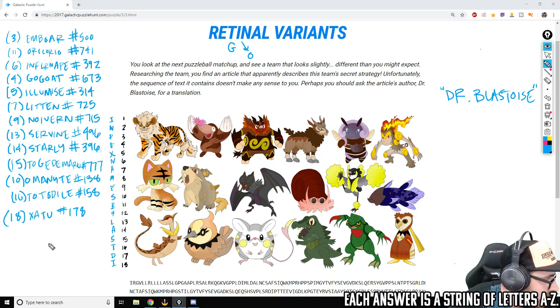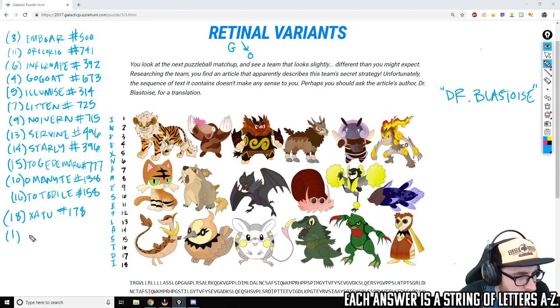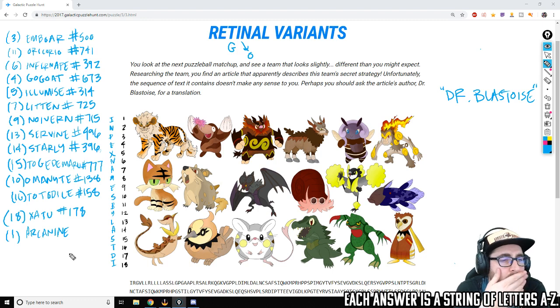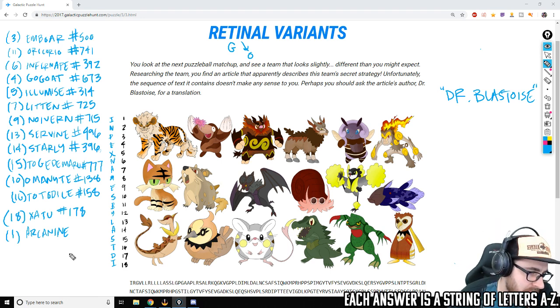Okay, and then we have 9. We have 4 9s. Starting with number 1, Arcanine. I almost thought we might be onto something here.